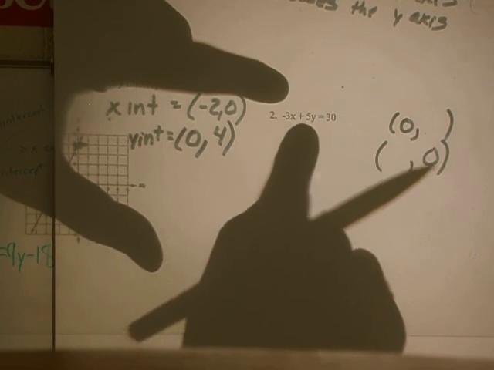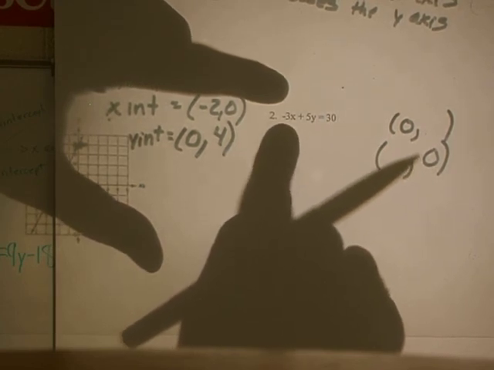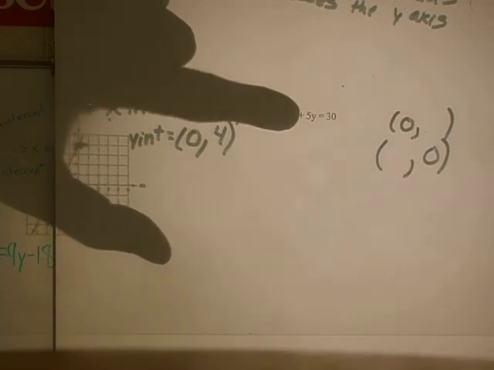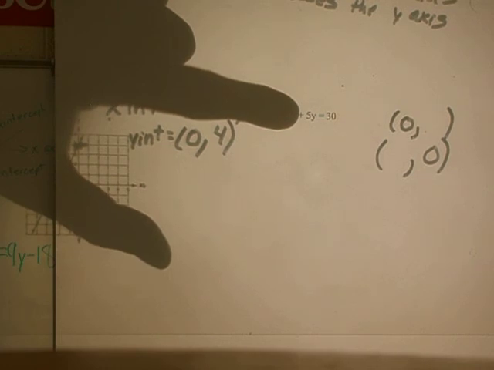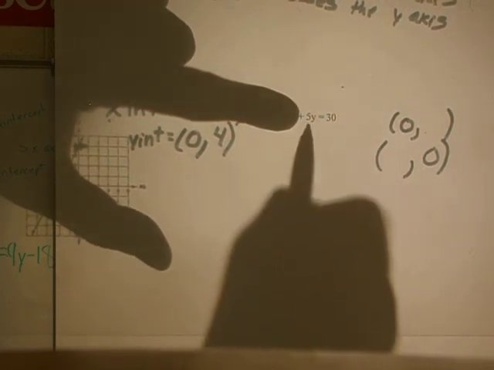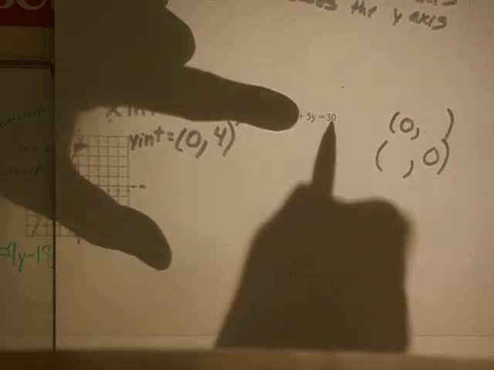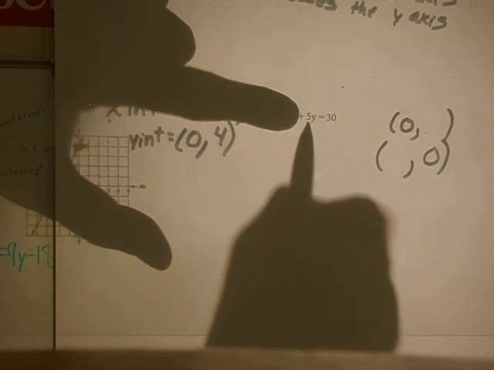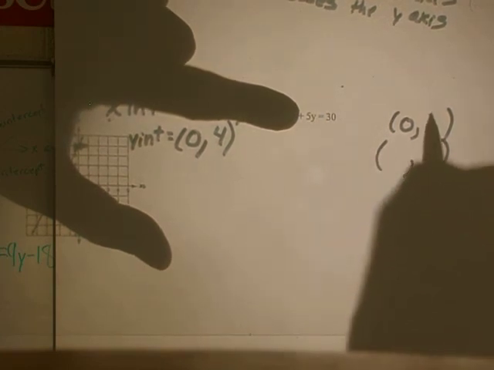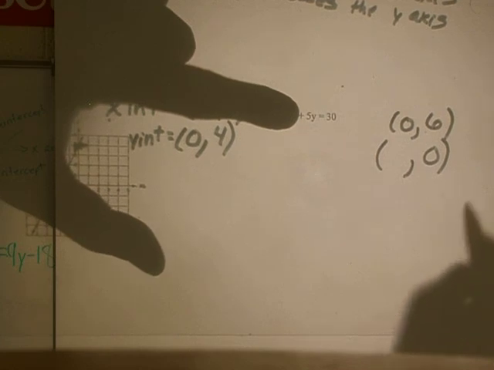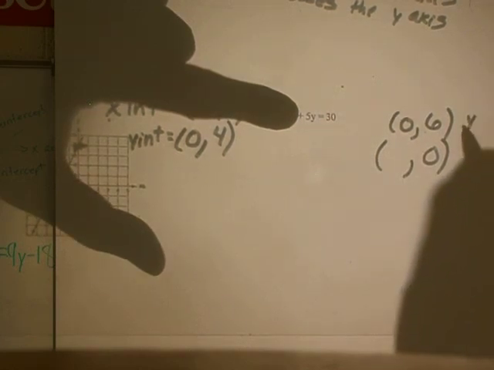And 0 plus 5y is 5y. So if we put a 0 in here, this whole first part cancels out because it's just a 0. And then to figure out what number goes in here for y, we can do 30 divided by 5, which will be 6. So that will be our y-intercept.